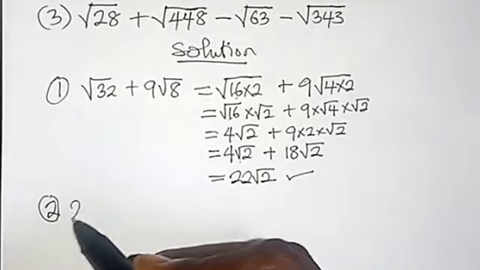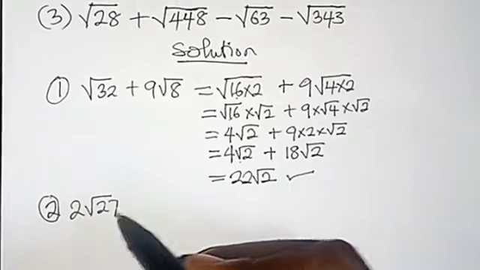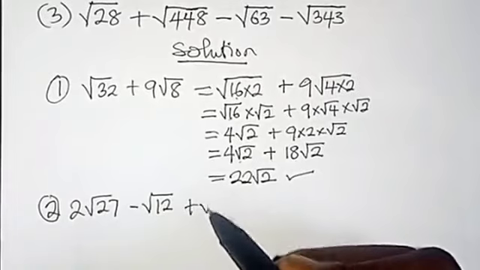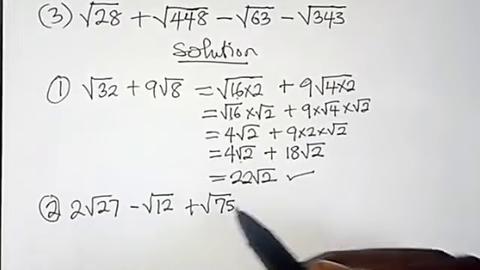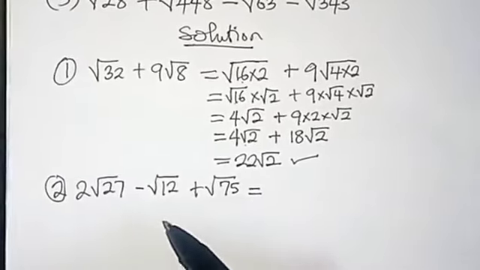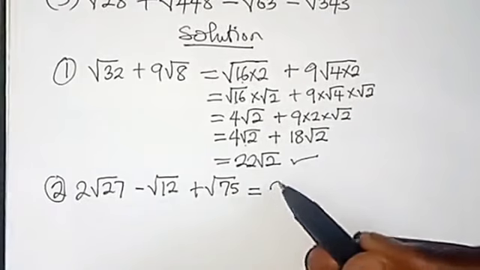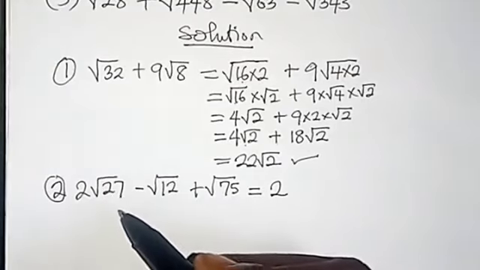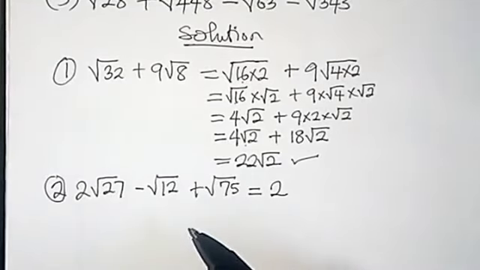Second one, we have 2 root 27 minus root 12 plus root 75. Again, if you look into this, it can be further simplified. So I'll keep my 2. We have 27 here. 3 into 27, I will have 9.